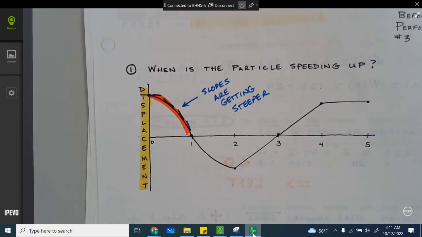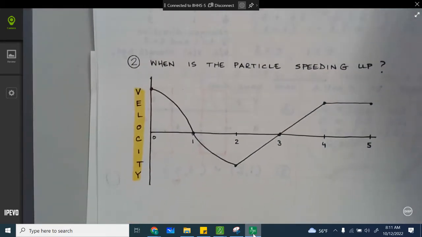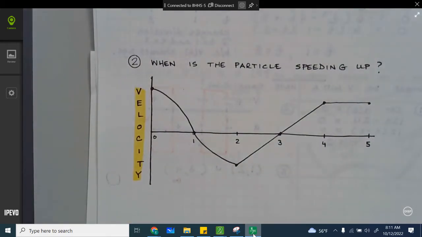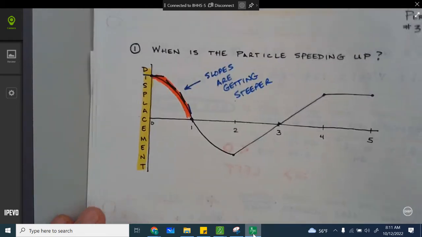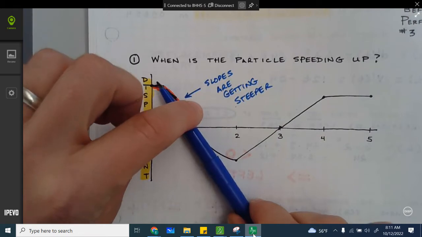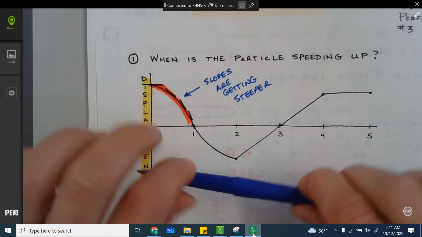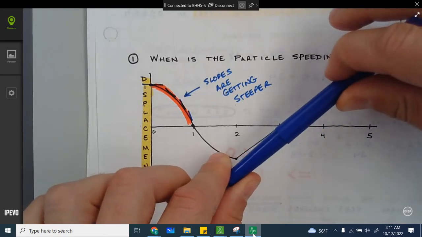We feeling good about the first one? Okay, let's go to the second one then. This is the only time that it is speeding up, right there. Do you see how in the next interval the slopes are getting less steep? They're leveling off. And then right here the slopes are the same. Yeah, Molly?